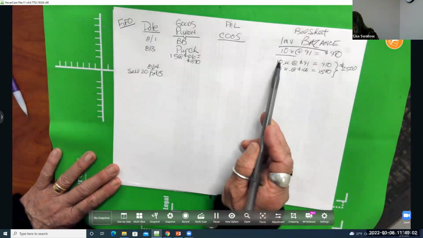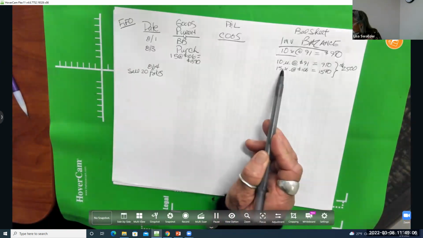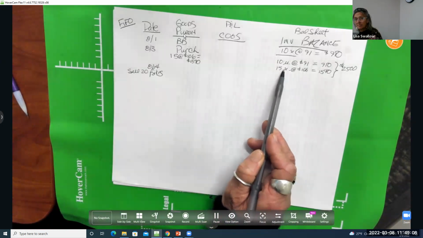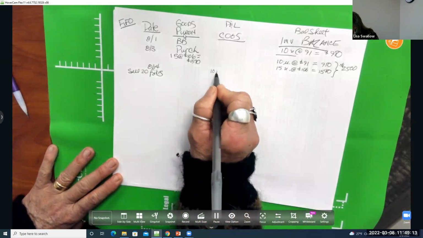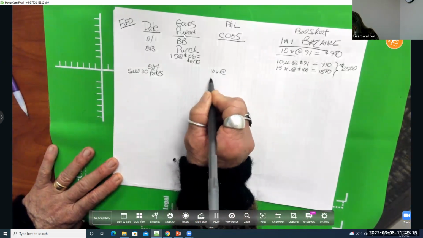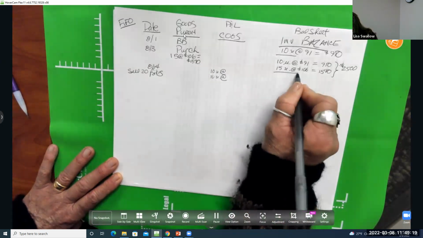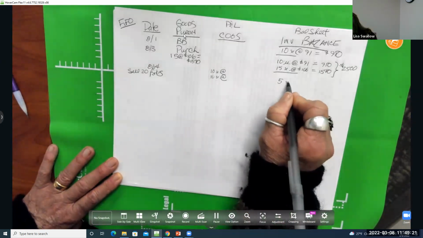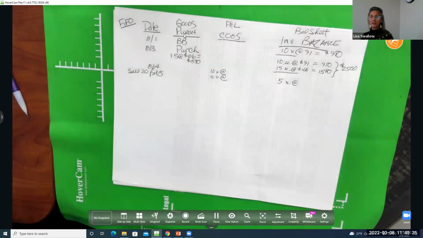I've picked up 10 from my beginning balance because that's as old of a product as I have. And the other 10 come from this batch. So please write out what you think COGS is and what you think is left in inventory. And you can shut off the tape and do this, and then we'll meet back up.